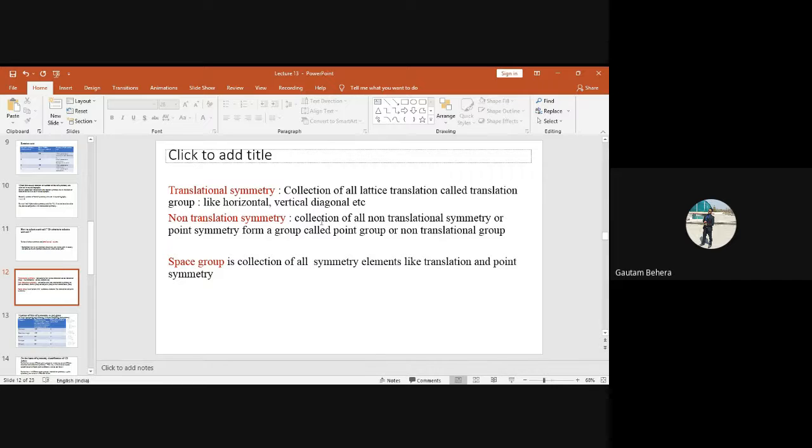You have to remember the definitions. What is a point group? What is a translational group? Now, what is a space group? A space group is the collection of all symmetry elements like translation and point symmetry. So a space group is a combination of translational symmetry and non-translational symmetry. You have to remember, non-translational symmetry consists of only point symmetry groups, and translational symmetry consists only of lattice translations. Fine.